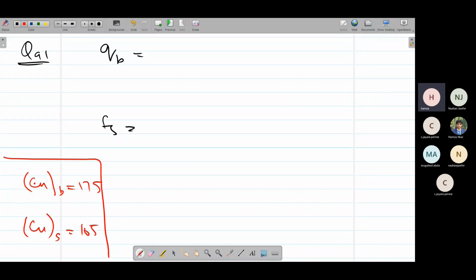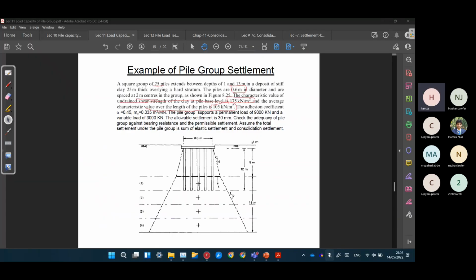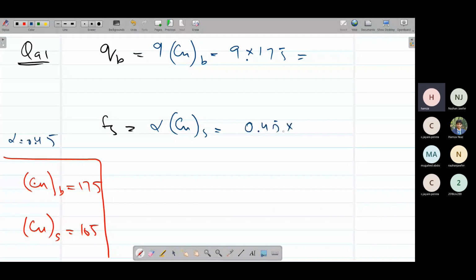So QB is 9 times Cu, so 9 times 175, and for FS it is alpha times Cu,s. Alpha is given in this question as 0.45, so 0.45 times 105. So we'll get this FS value.